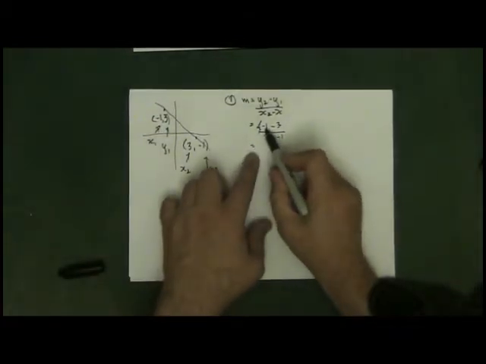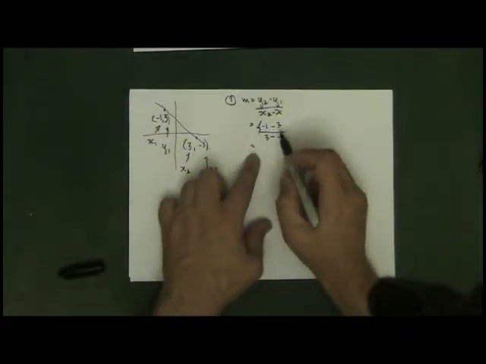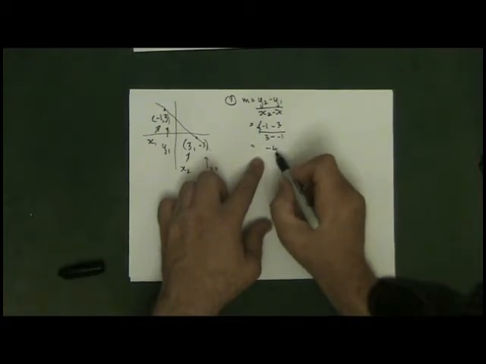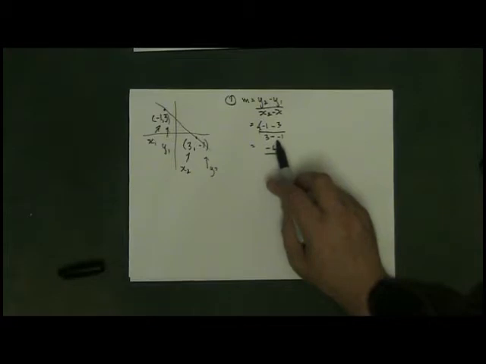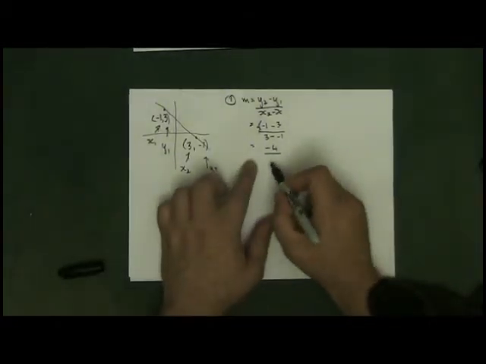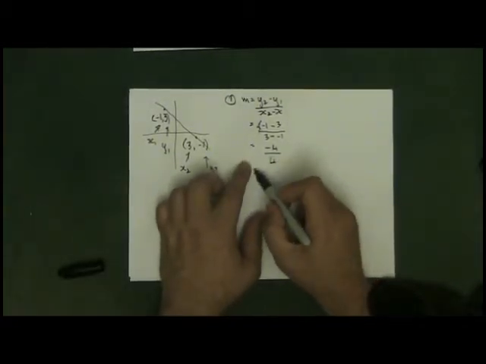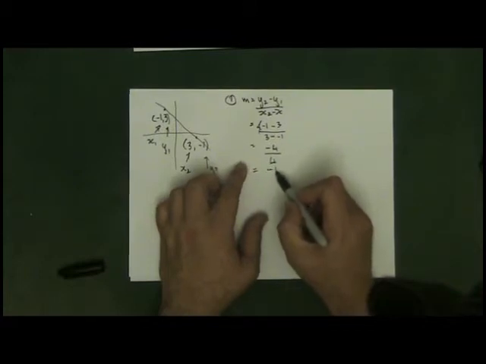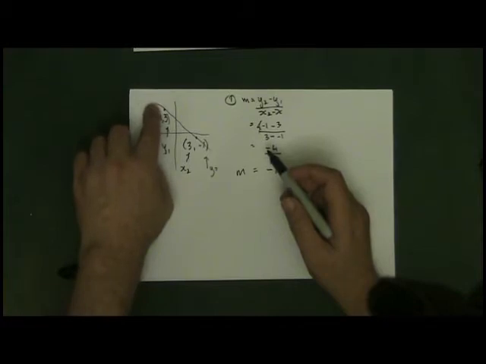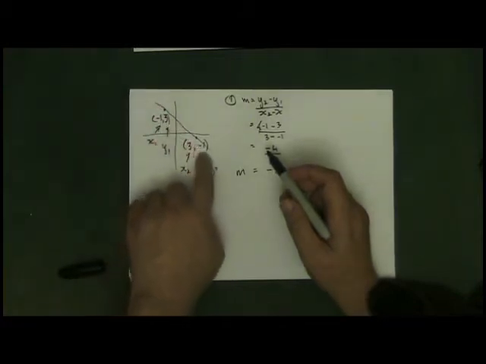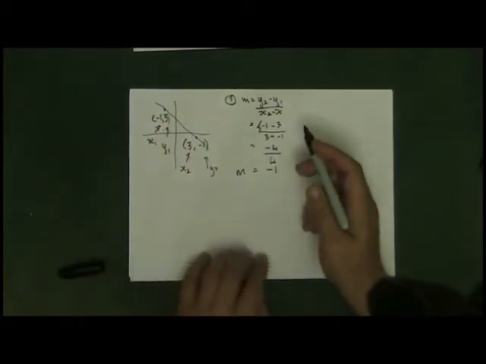So this is going to be minus 1 minus 3, which equals minus 4. And remember, if you have two negatives, that's the same as a positive, so the bottom becomes 4. So m is equal to minus 1. And that seems reasonable. It's travelling downwards. Downwards means it's a negative number.